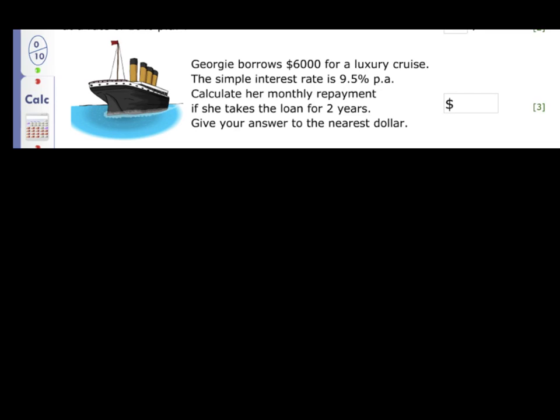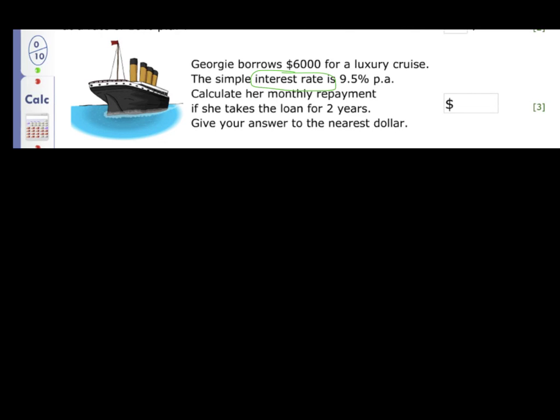Okay, this is a question of a different nature. Also with a simple interest rate. So let's read the question. George borrows $6,000 for a luxury cruise. So he doesn't have the money, he goes to the bank and the bank gives him $6,000. But the bank says, you pay me back 9.5% interest per year.